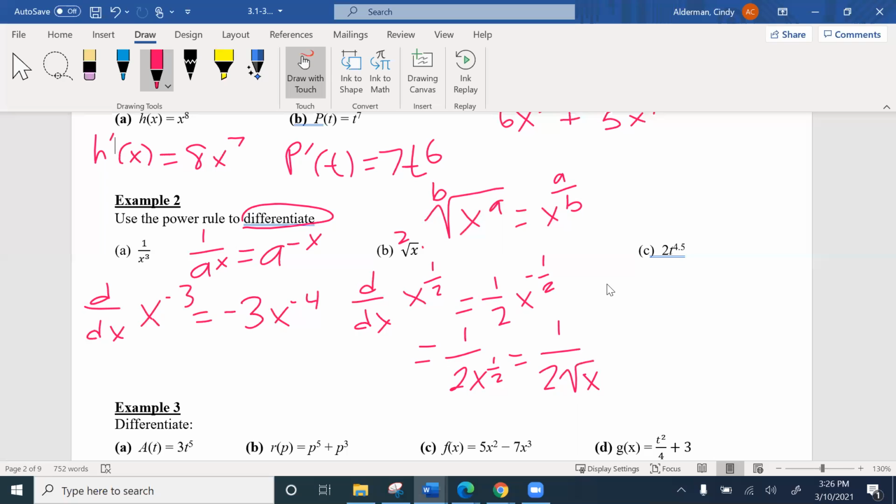Okay, and then C, we're going to use the constant multiple, right? This is a constant multiple. So what we can do before we even take the derivative is get it out of the way, right? So we can say 2 times the derivative of t to the 4.5 power.